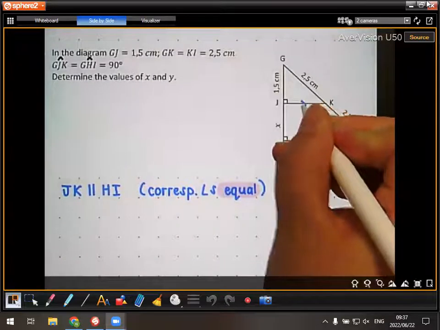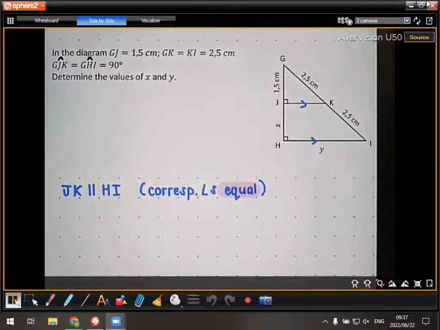Okay, so let's fill that in on the picture. How does that help me now? We know that the lines are parallel.